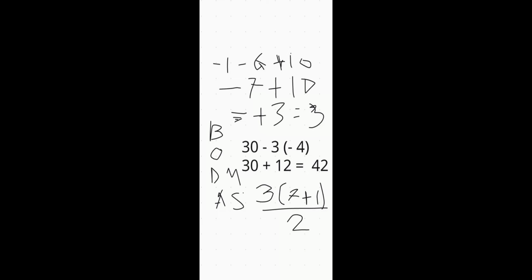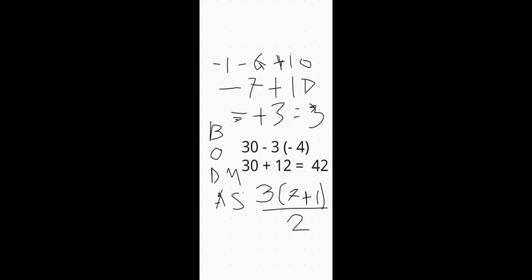No. Look at BODMAS again. BODMAS, B: bracket. So go ahead and do the brackets first. Let's see what you have. What's inside the bracket? 7 plus 1. What's 7 plus 1? 8.